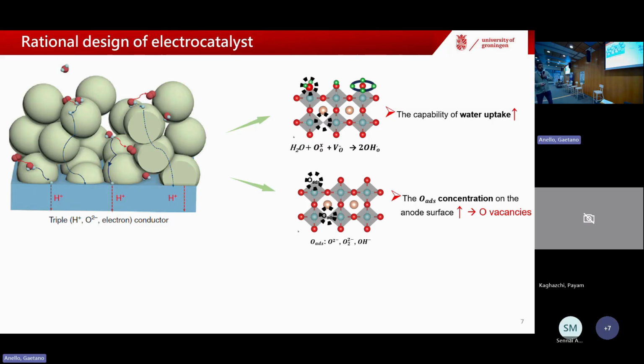As you see here in the first schematic, in order to split water, you need the vacancy to form the protons that are going to hop through the electrolyte towards the second side.